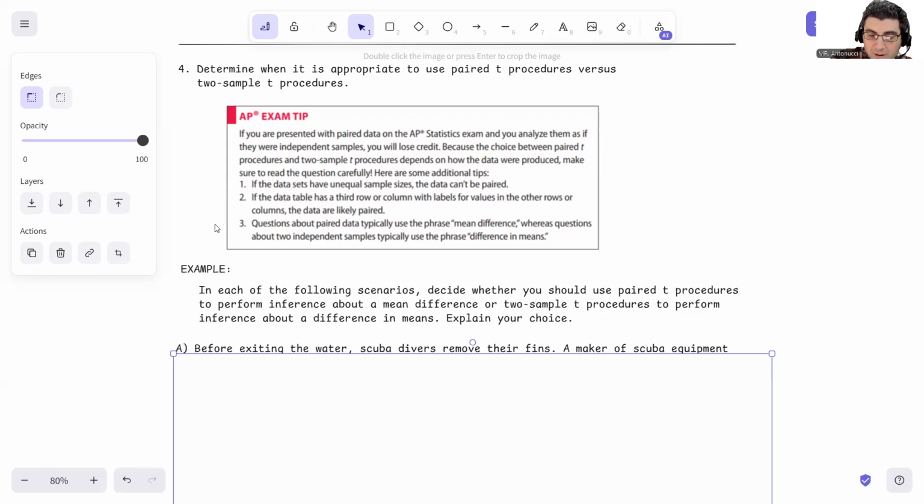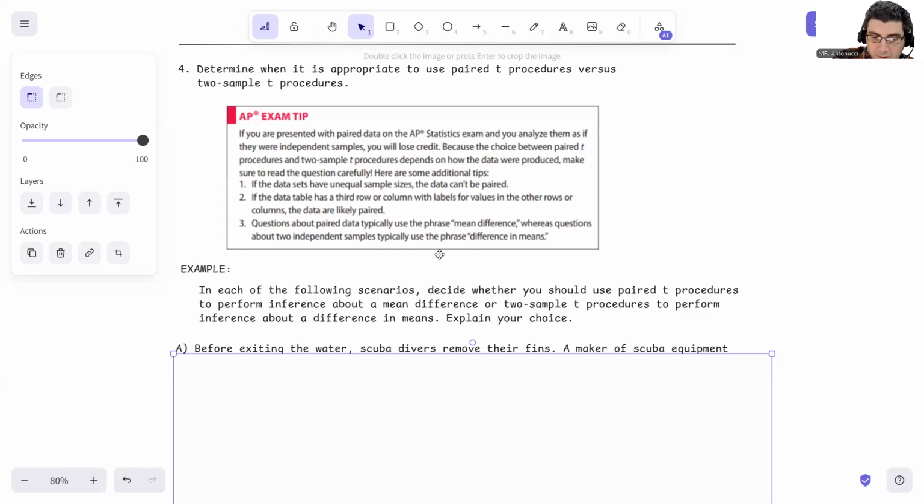Questions about paired data typically use the phrase mean difference, whereas questions about two independent samples typically use the phrase difference in means. So it's very important to be able to distinguish based on how the problem is presented, whether we have paired data or two sample T procedures.